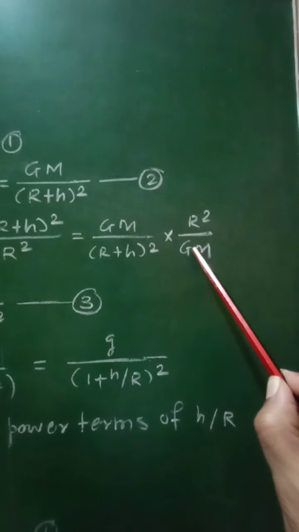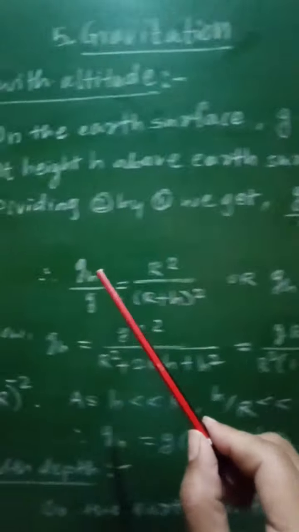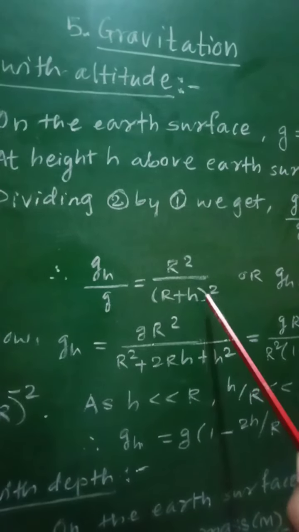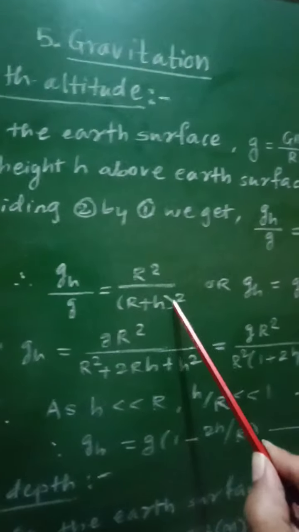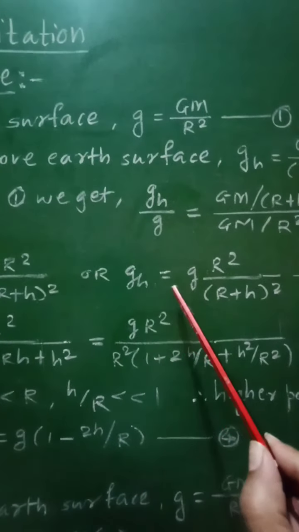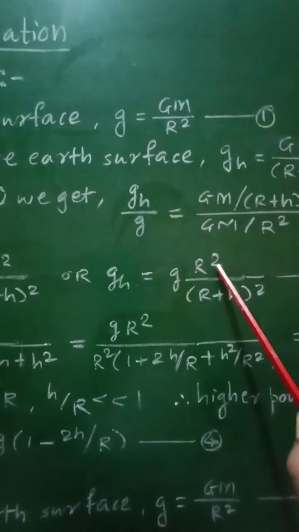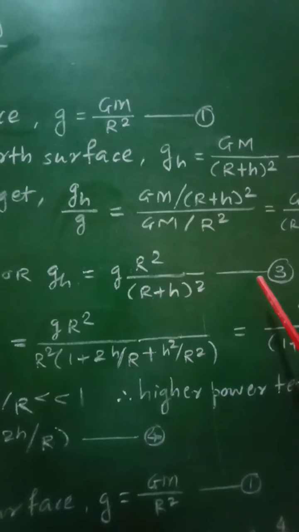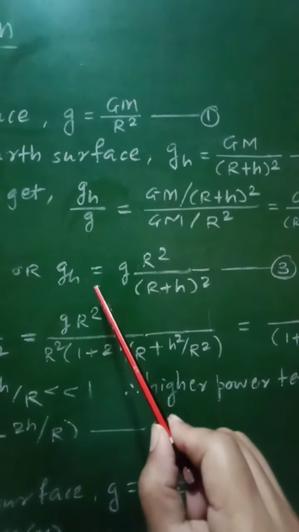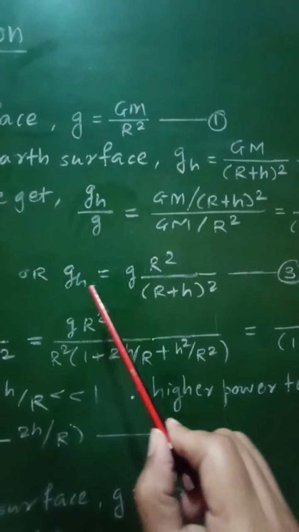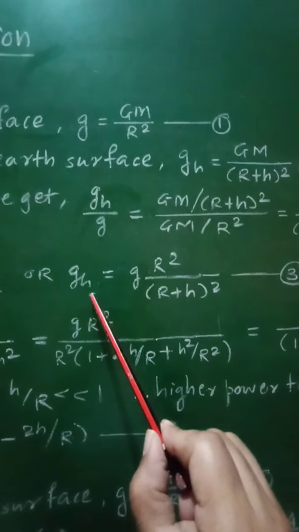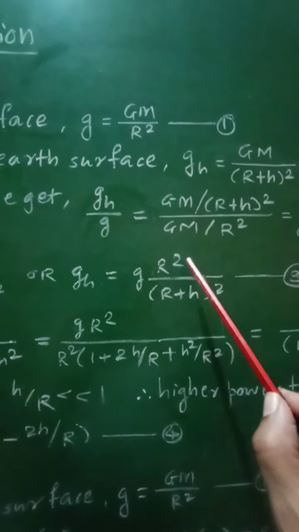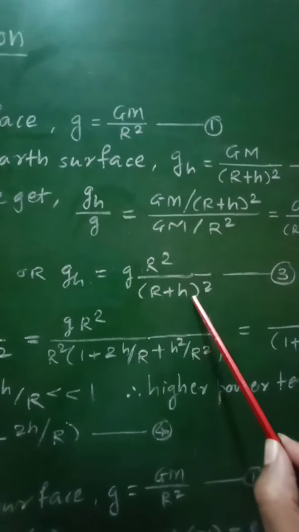GM will get cancelled, and we will get gh upon g equal to r square upon (r plus h) whole square. Or from this we can write gh equal to g into r square upon (r plus h) whole square as equation number 3, and this equation will give us the acceleration due to gravity at height h above the earth's surface. So it is g times r square upon (r plus h) whole square.